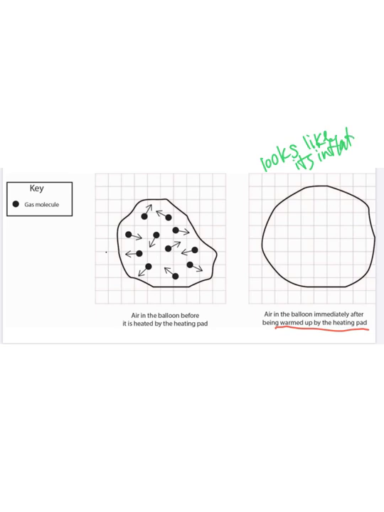So it looks like it's inflating, but there's no extra helium going in. So what does that tell us? What are the helium atoms inside? What do they have to be doing if it's making the balloon look like it's inflating, but nothing else is getting in there?